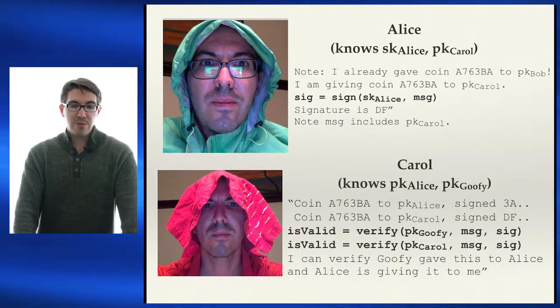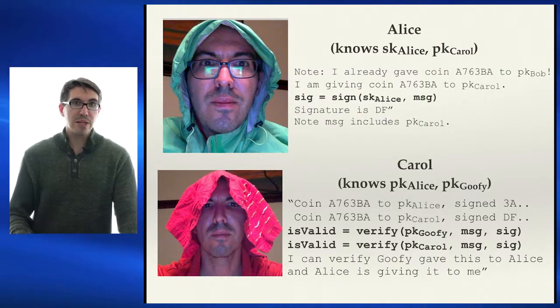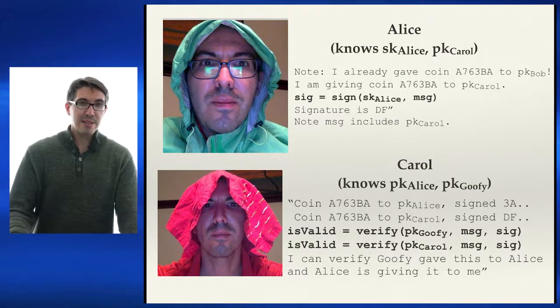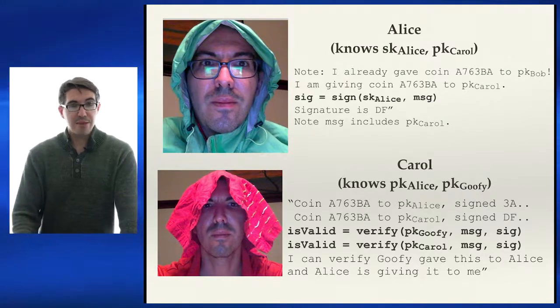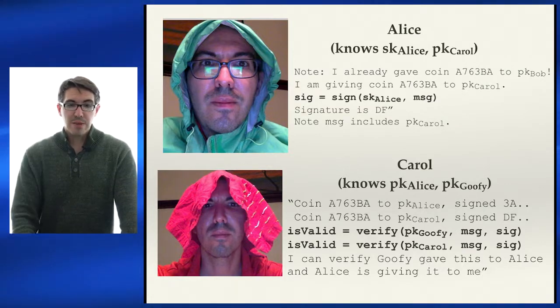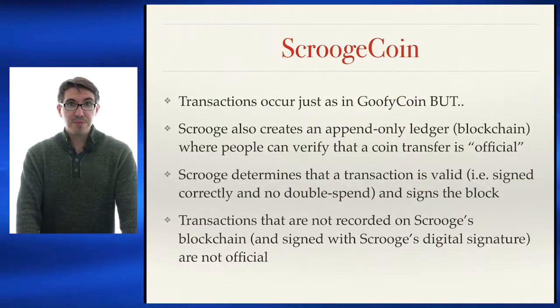Carol, looking back at the information that's publicly available, says Goofy generated this coin and it was valid. Goofy sent it to Alice, that was valid. Alice sent it to me, that was valid. I can verify Goofy gave the coin to Alice, Alice gave it to me. There's no way of knowing, according to what we've done so far, that she's already given it to someone else. Right? So this is a pretty major problem.